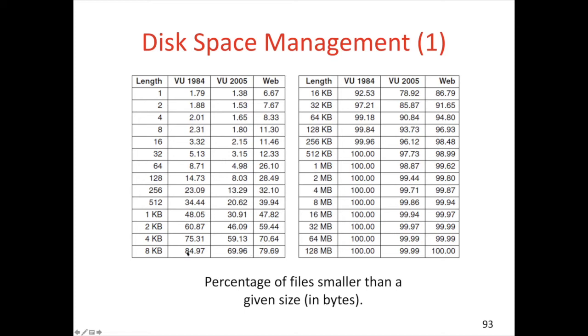And if we look for about 90% of the files, consider this line, for example, it is about 32 kilobyte. 97% of the files in 1984 are smaller than 32 kilobyte, and it is 75% for 2005, and it is 91% for web.